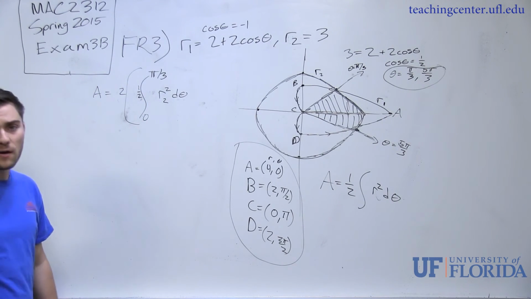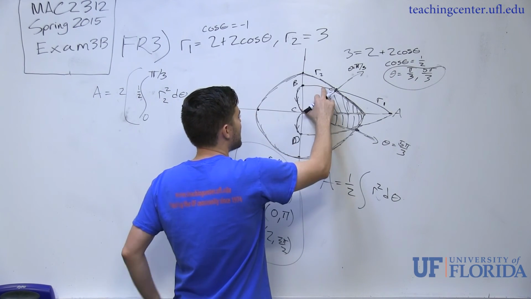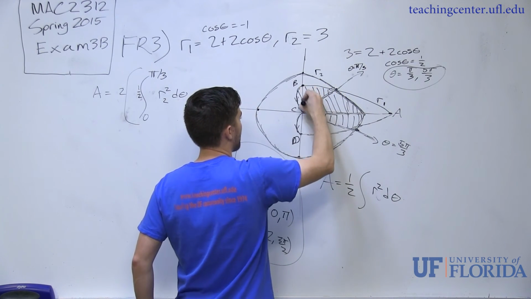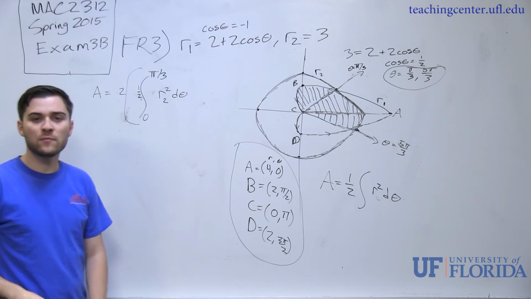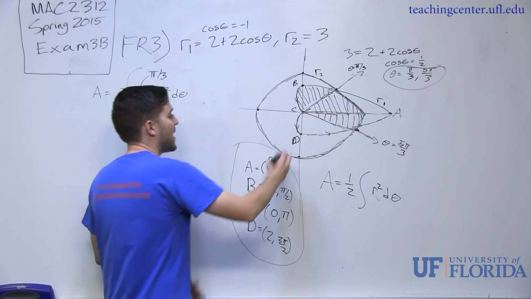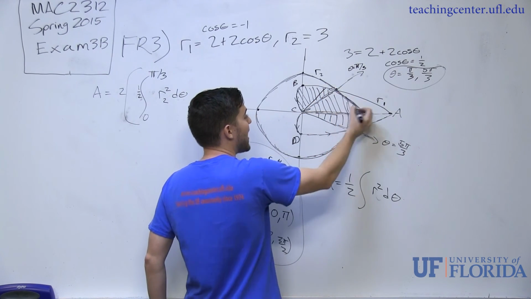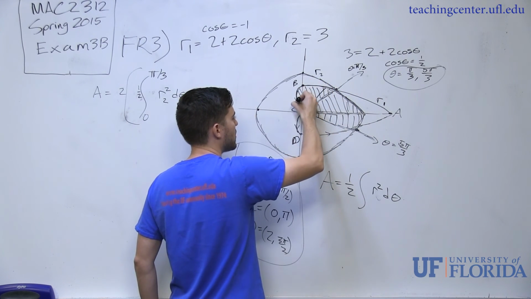But we're not done. So this area was inside, but this area over here is also inside. So why didn't I account for that when I integrated from 0 to pi over 3? Well, if you measure from the origin outward to see where your radius is hitting, it's no longer hitting the circle, it's actually hitting the cardioid.